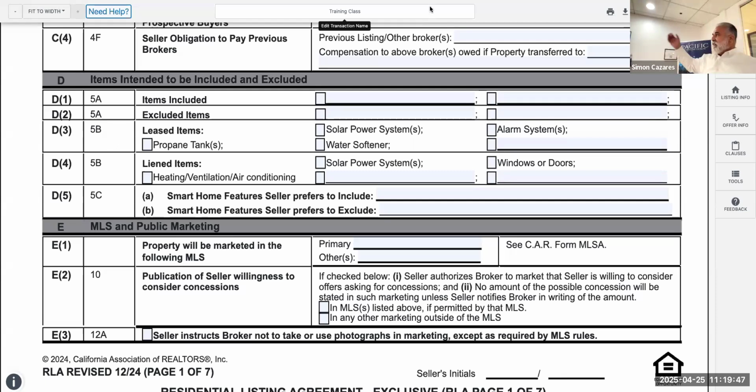But let's just say that this television is a 150-inch TV, and this bracket only fits this particular TV, and they're not leaving the television because they want it for their new home. They may take the bracket. So what do you do with that situation? Well, before you even put it on the market, you're going to take that darn television and the bracket, patch up, paint, whatever you need to do, or replace it with something else.